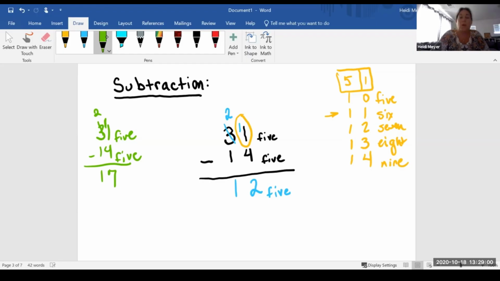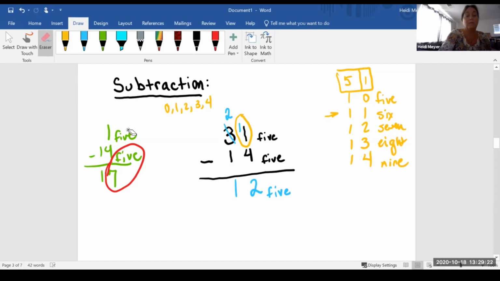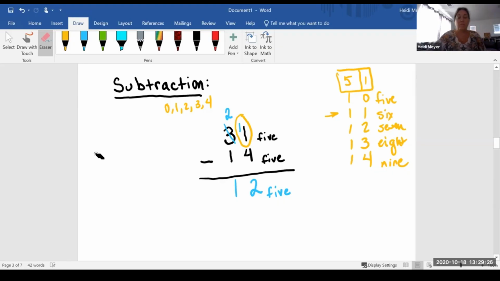You should recognize right away that this is not correct because we don't have that symbol in base 5. It just does not exist. So you know that something went wrong. And that's why I will often write my digits 0, 1, 2, 3, 4, so that if I get something that's not in that list, it's a warning that I did something wrong. Okay.